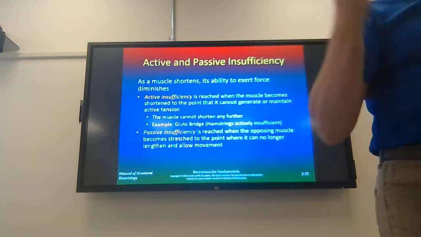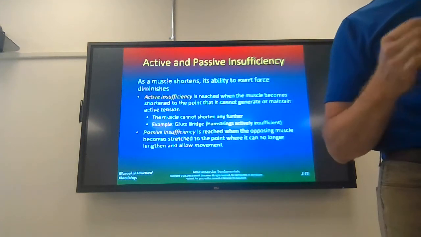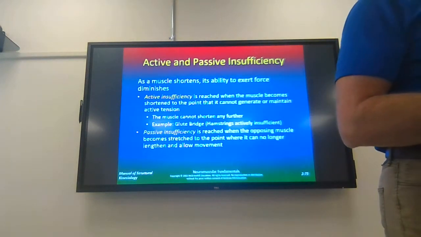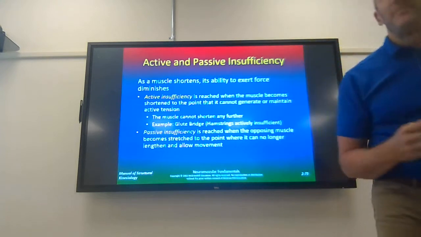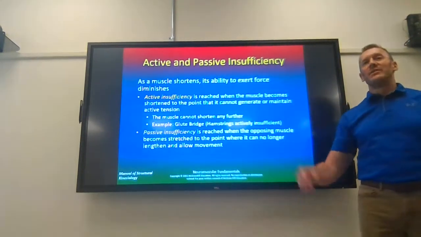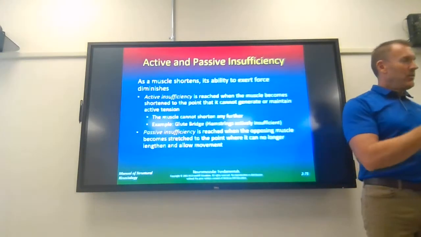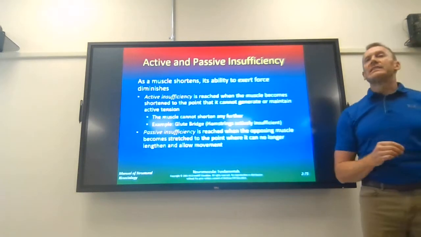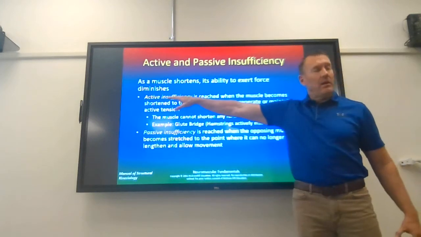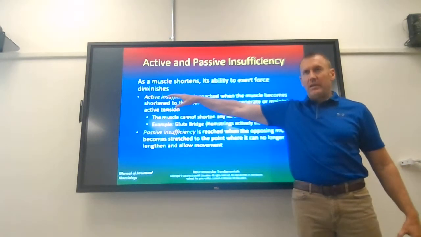Now keeping your hips in maximal flexion, take your right ankle and try to cross it over your left knee. To illustrate the concept, why is that so difficult to do? Because with the hip maximally flexed and the knee maximally flexed, the sartorius is actively insufficient.